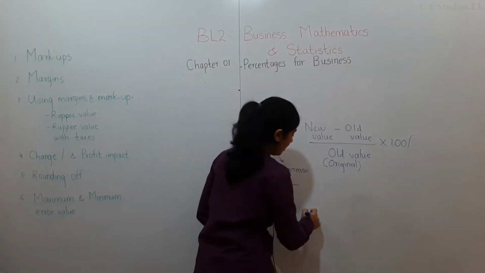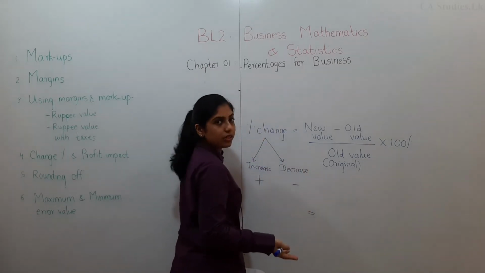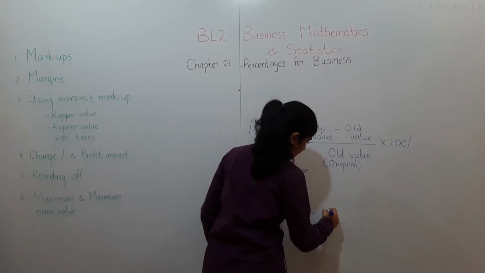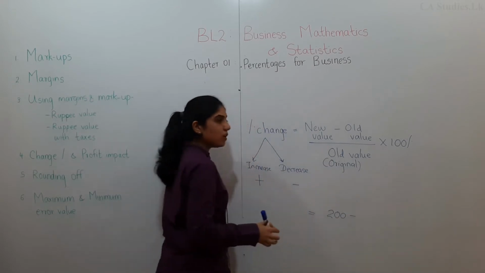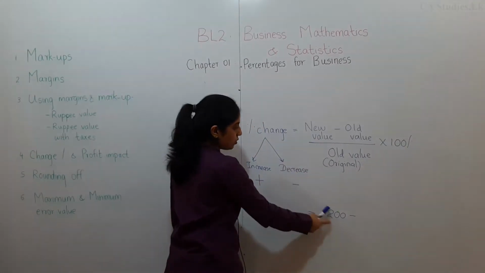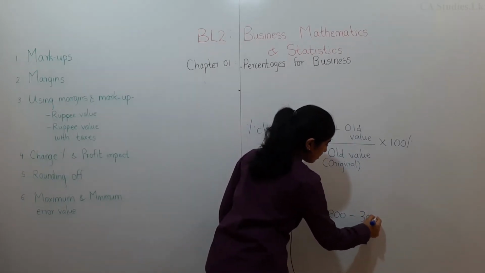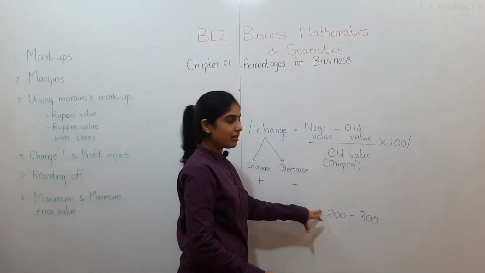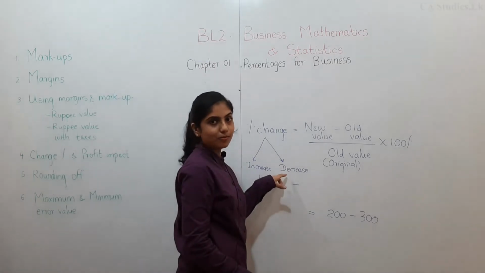I said new price is 200 rupees, and your old price was 300 rupees. So new value is 200, old value is 300. Now you get a minus answer. So that is indicating it's a decrease.